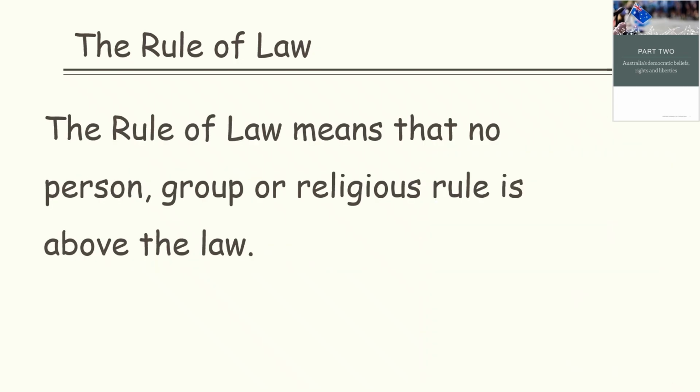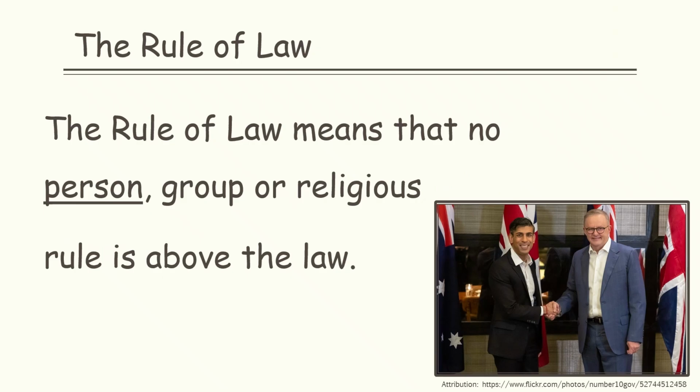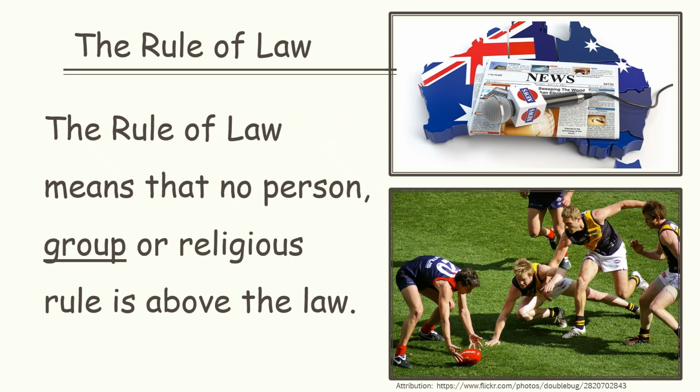The rule of law means that all Australians are equal under the law. The rule of law means that no person, group, or religious rule is above the law. The Prime Minister must follow the law like anyone else. Media and sports groups must follow the law like everyone else.